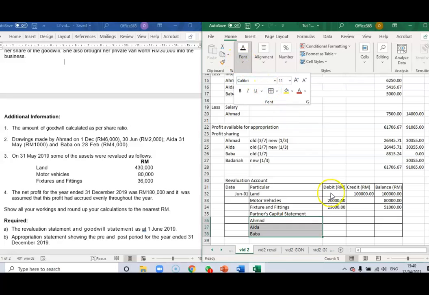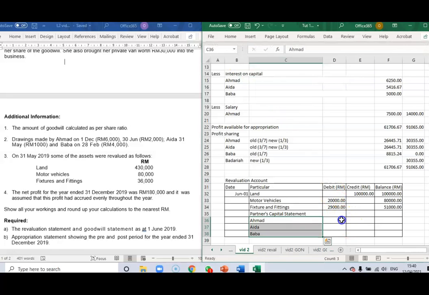Okay, let me have this. And since it's a surplus, you need to put it on the debit side, because at the end of the account, the balance should be 0. Okay, so Ahmad, using the old partners share ratio, that is 3/7.